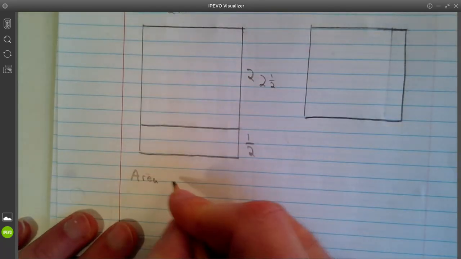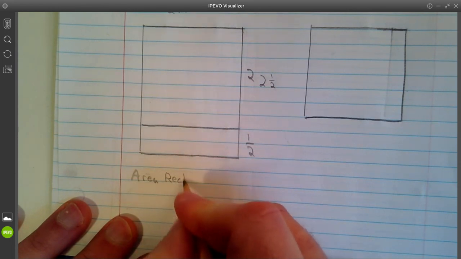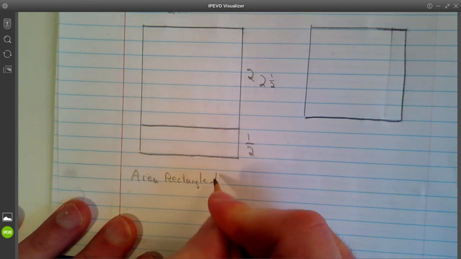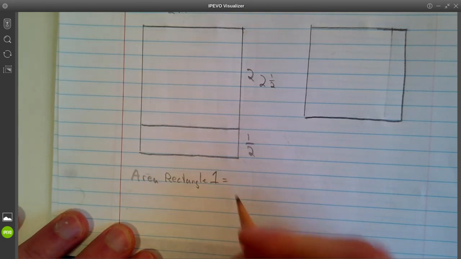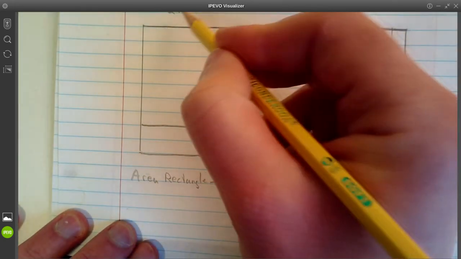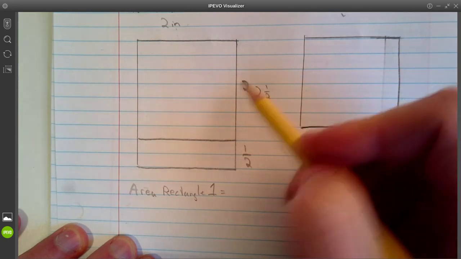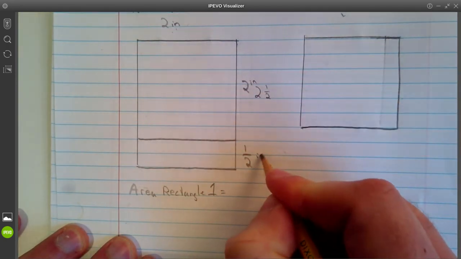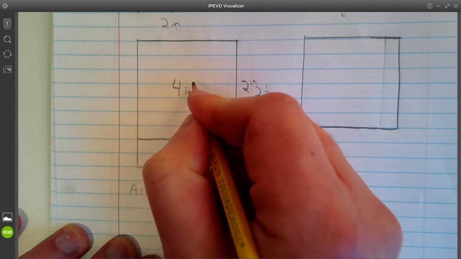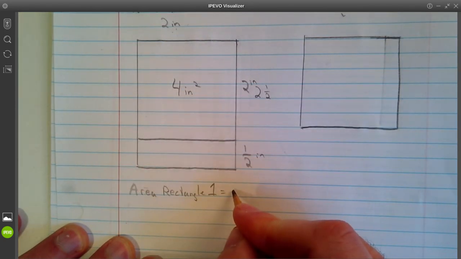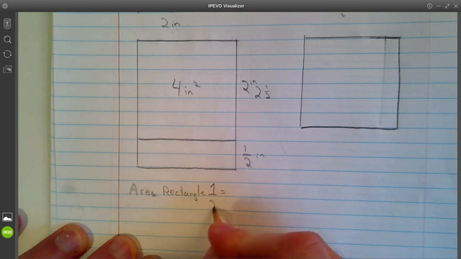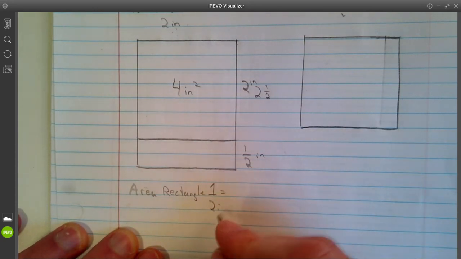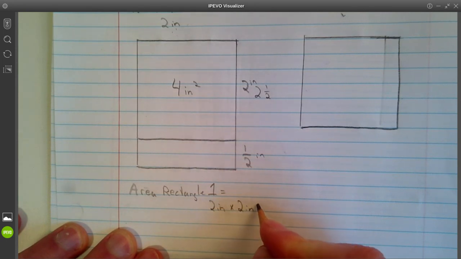The area of rectangle 1 is, let's do 2 inches times 2 inches, which is 4 inches squared. I'll keep track of them here: 2 inches times 2 inches equals 4 inches squared.